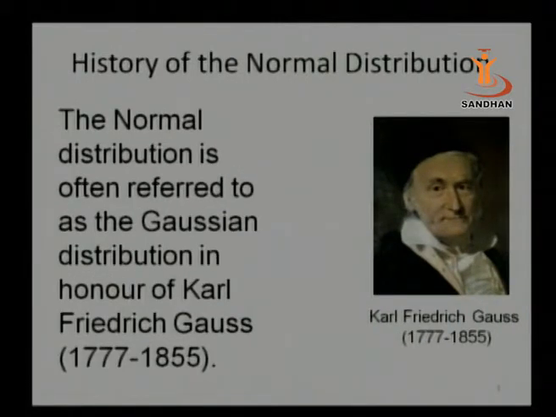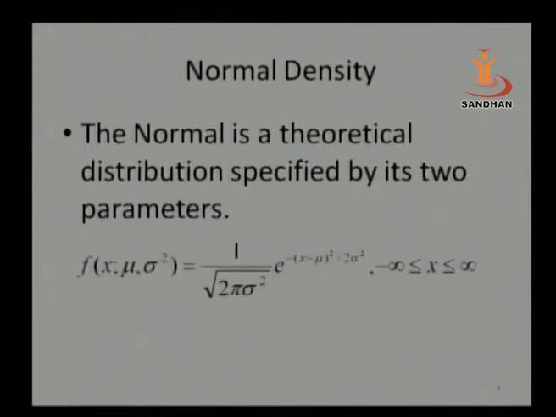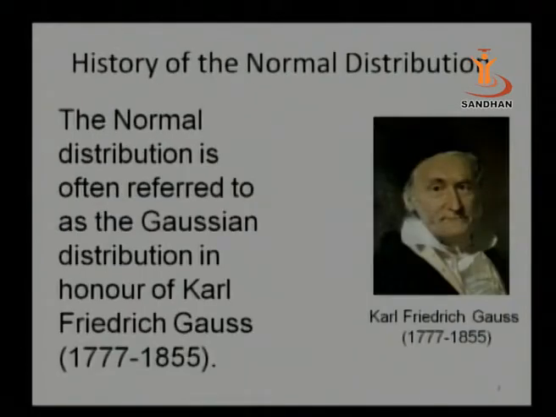The normal distribution is often referred to as the Gaussian distribution in honor of Carl Friedrich Gauss. He studied the distribution of errors, so that's why the normal distribution is also called a distribution of error, which we will see in an activity afterwards.